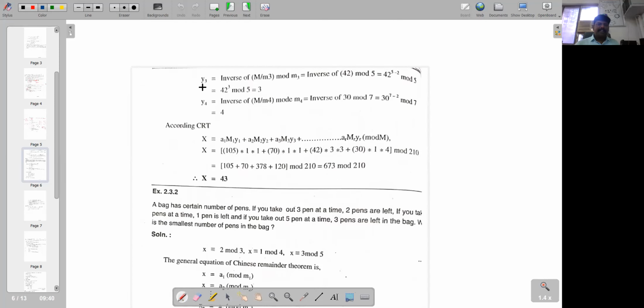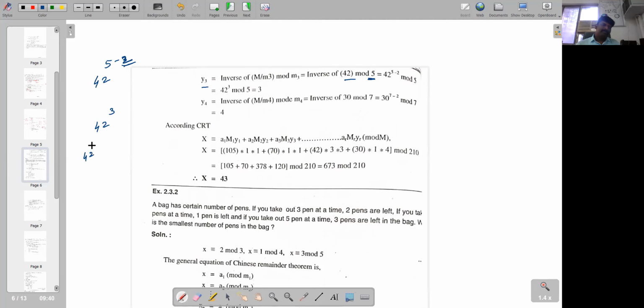If we repeat this process, y3 is equal to the inverse of M upon m3, which is the inverse of 42 mod 5. So 42 mod 5 is 42 power 5 minus 2, and this 2 is the common one. So 42 power 3.